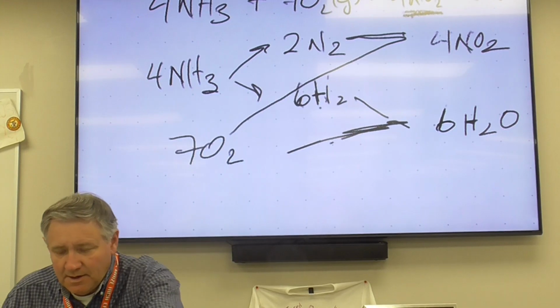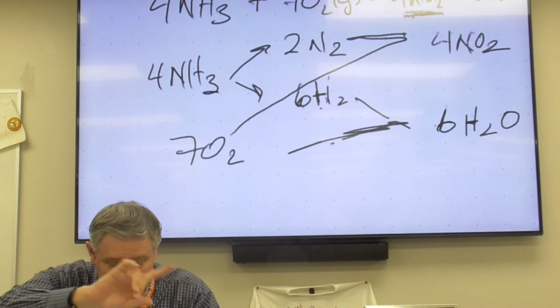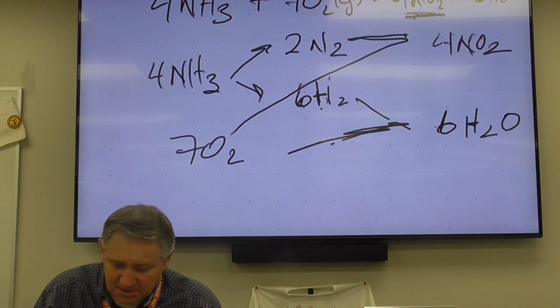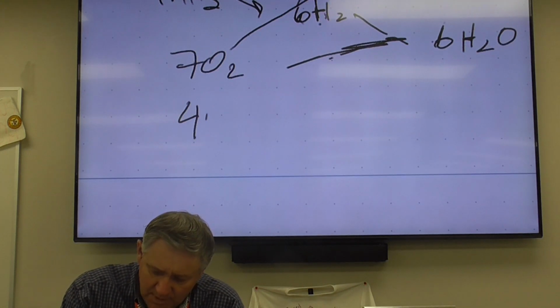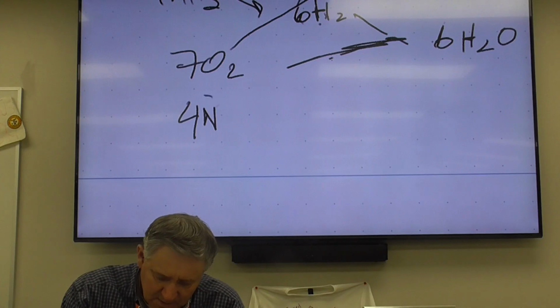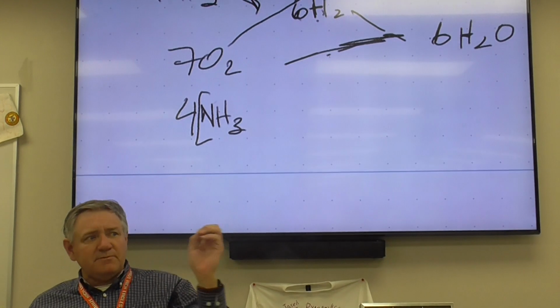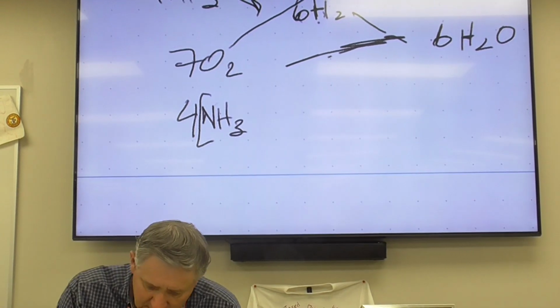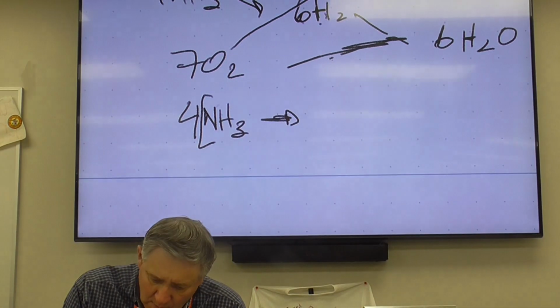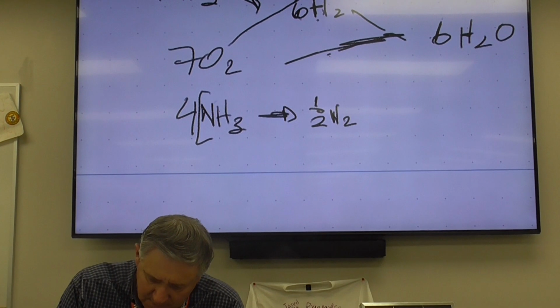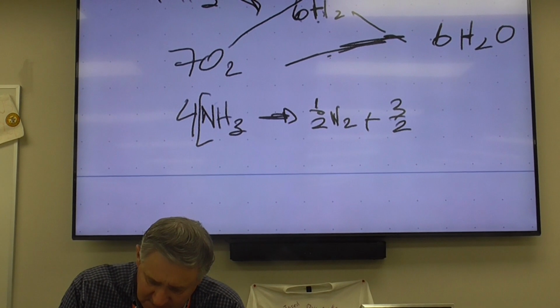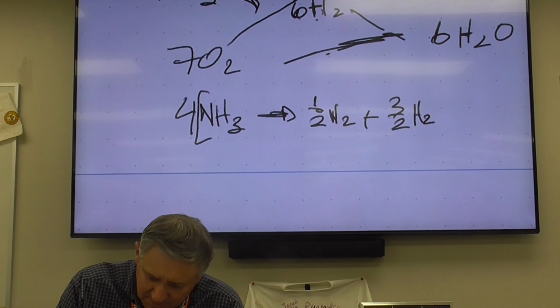Now, I need somebody with a calculator and to look up values in the book. So here's what we're going to do. We've got the 4 NH3s. So what I want to look at is just the single process of decomposing the NH3 into 1/2 N2 plus 3/2 H2.